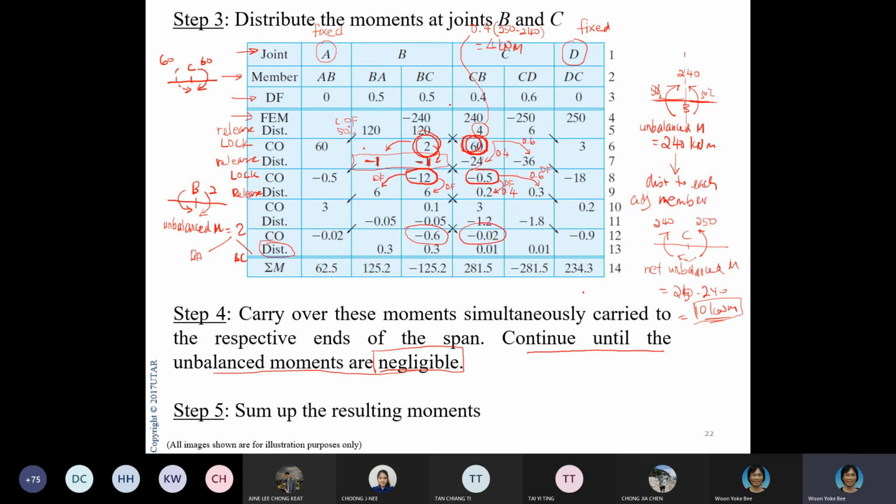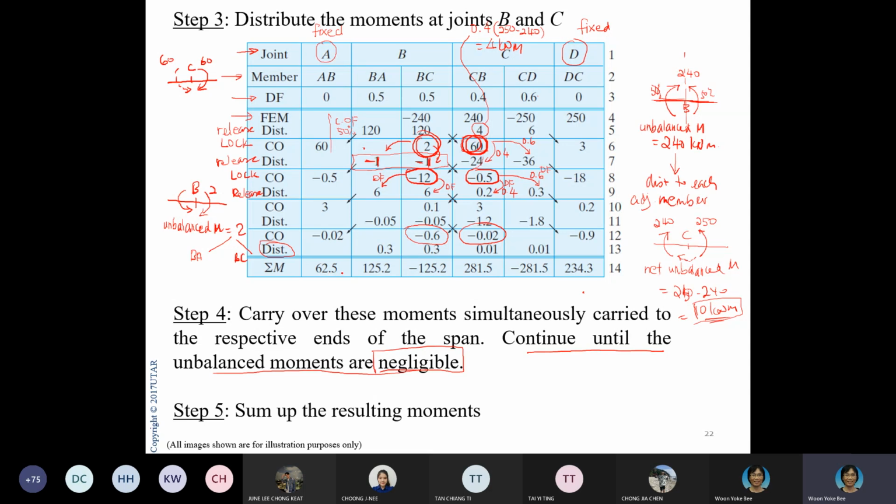You compare with your original one. Is this negligible? I think the accuracy is good enough. Then you stop.